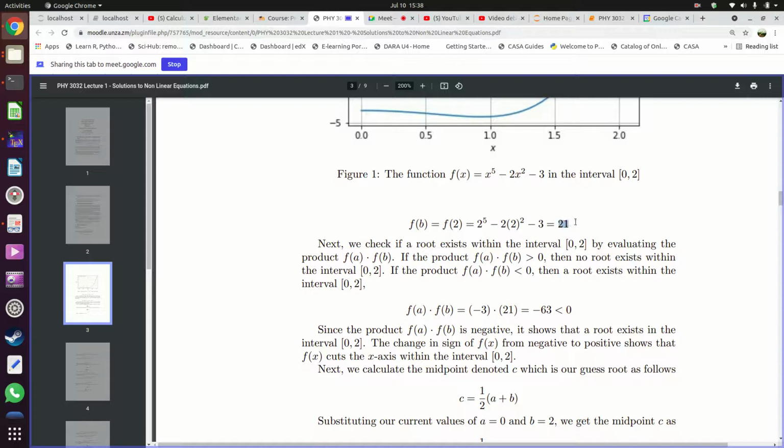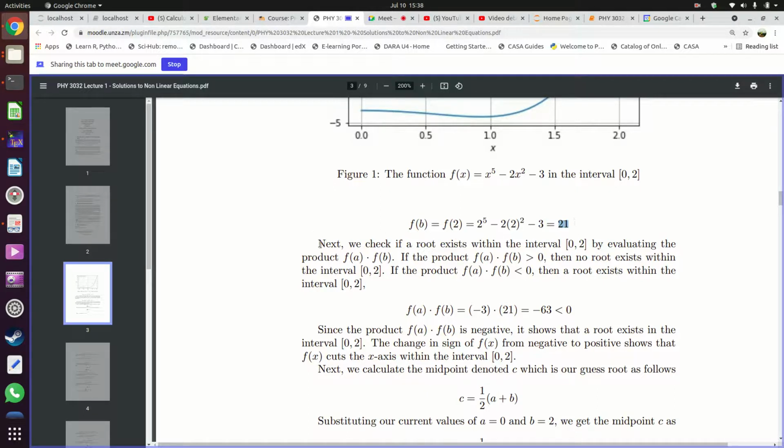This 21 is positive. Is that clear? Yes. Now, how do we use the value of f of A, which is minus 3, and f of B, which is 21, to find out if there is a root?